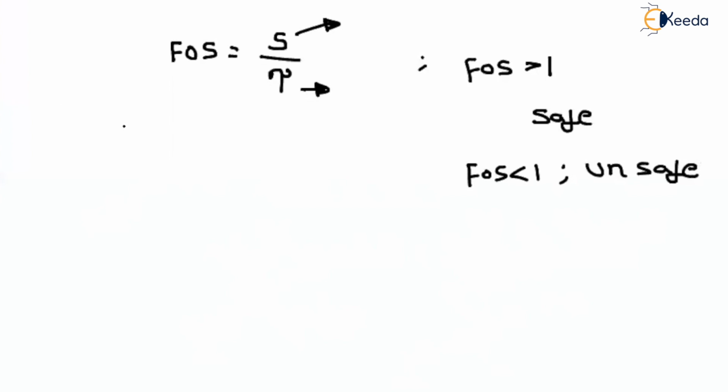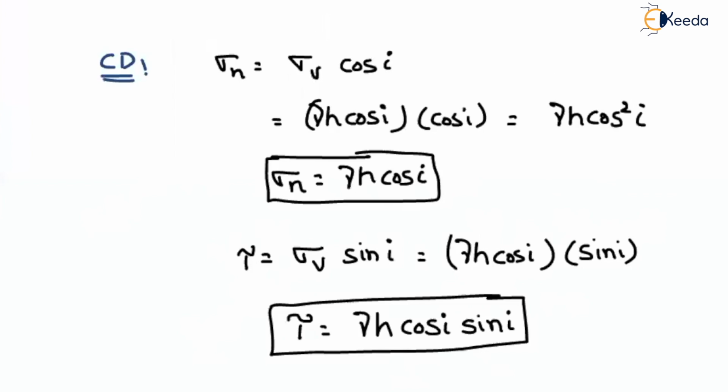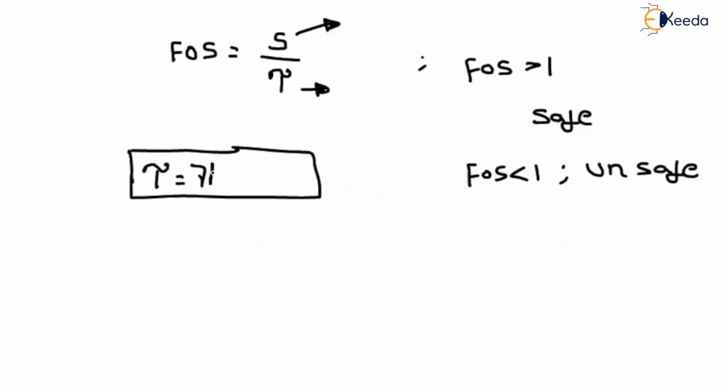Okay, so in this derivation we found the shear stress that is acting at a depth h. How much will it be? Gamma into h into cos I sin I. So if you understand the parameters here, for the particular slope I will be constant, and for the particular soil the weight density will also be constant.